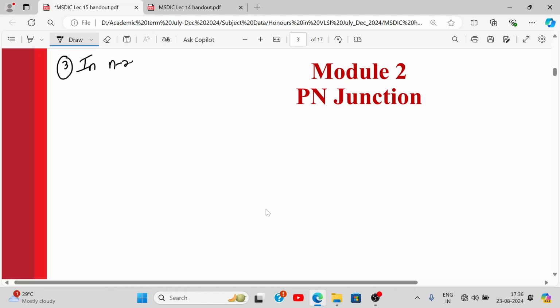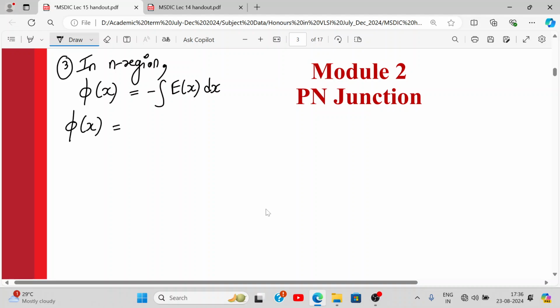For in N region, what is phi of x given by? Minus integral of E of x dx. And what is E of x given by? qNd upon epsilon s, so minus of minus it was positive, qNd upon epsilon s. Here it will be x minus xn, right? dx. So quickly solve this.